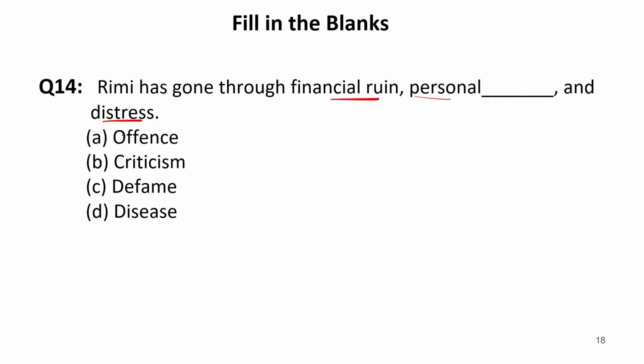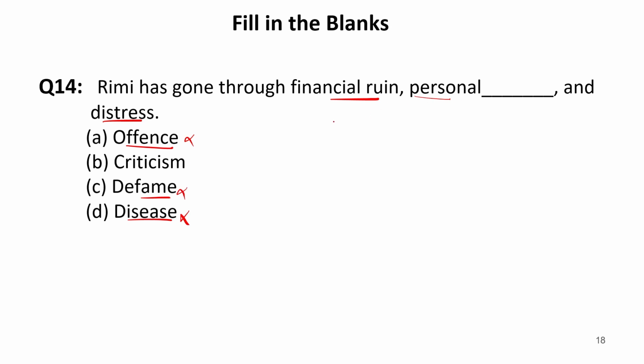So here it is written, first option, that is offense. Offense is actually a crime. So it is not suitable over here. Defame is vilification. Disease is some disease which a person suffers. So disease is not suitable over here. We do not have any personal disease. Defame is also not suitable because defame is actually personal only.